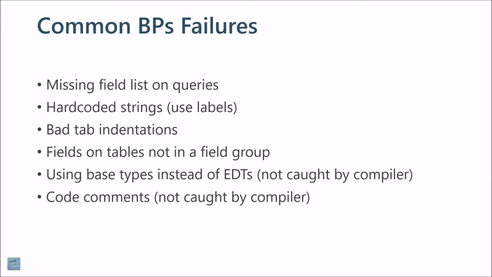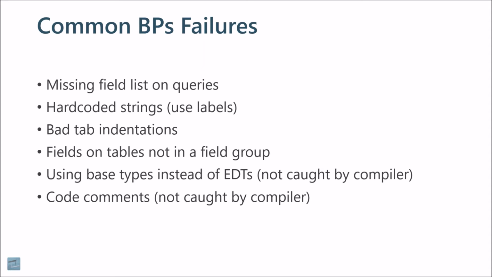If you're currently using a label file in your AX 2012 system, you might have had a few places that people forgot to add the labels in, and they're using hard-coded strings. You'll want to go in and fix those just to make sure everything is uniform. Bad tab indentations, fields and tables not in field groups. Again, this is a pretty common best practice failure. You'll want to go in and just get cleaned up.